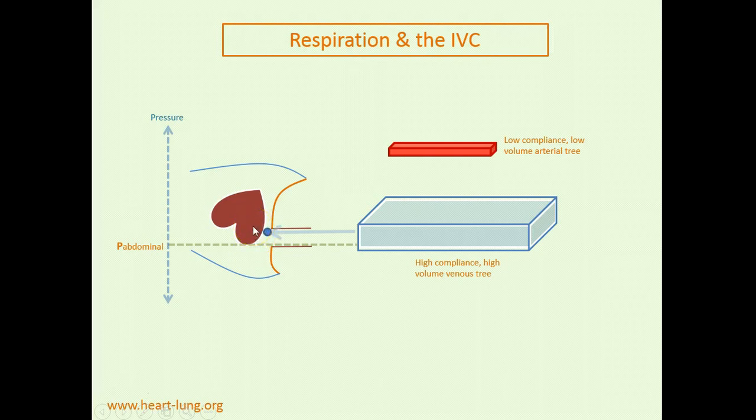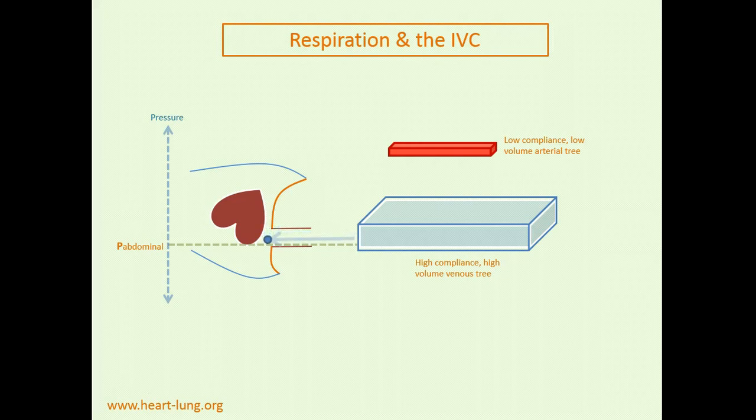The heart cannot eject blood as well from the thorax, so that tends to pool blood in the central veins and raise the right atrial pressure. It could be from one or the other, or a combination of the two, that raises the right atrial pressure relative to the abdominal pressure.